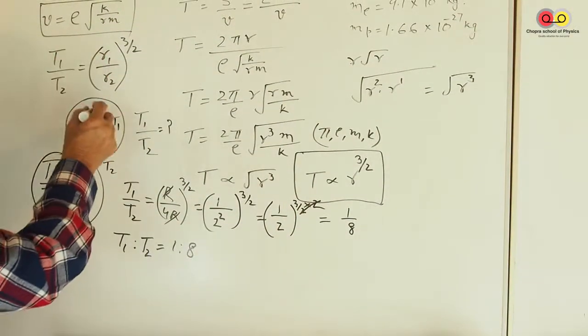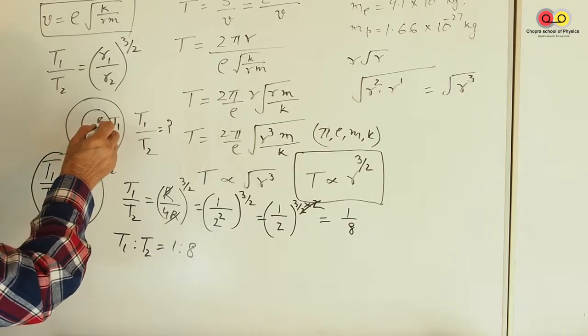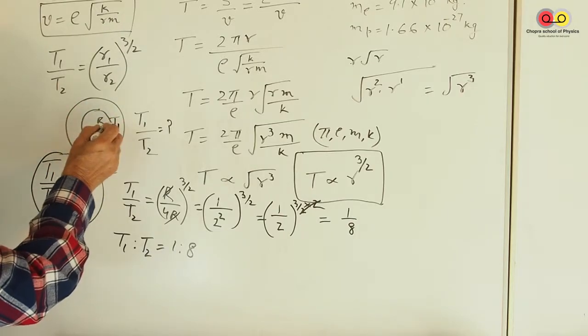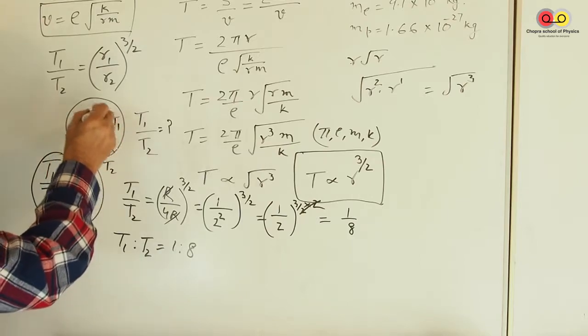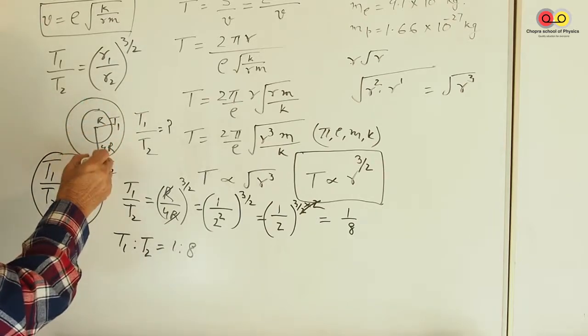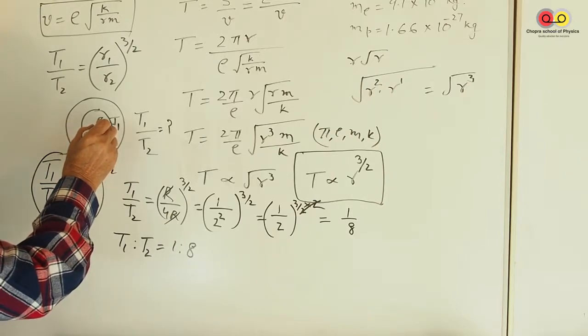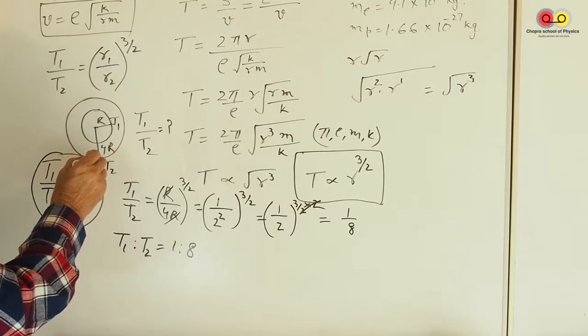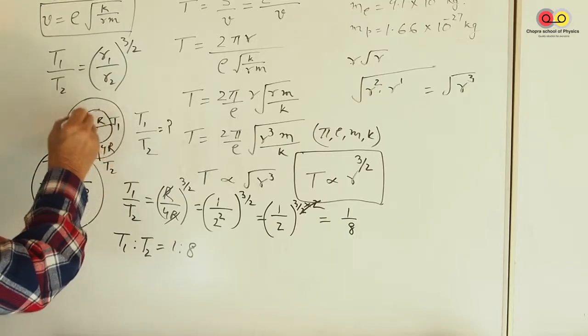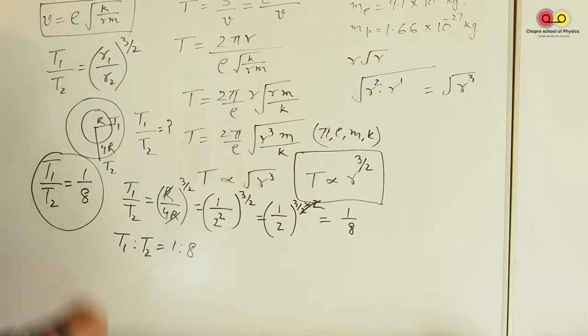It means that if an electron is revolving in an inner radius, it will move faster as compared to the outer electron. So the speed of this electron will be more, and the speed of that electron will be less. The time period taken is less here, more here. Right?